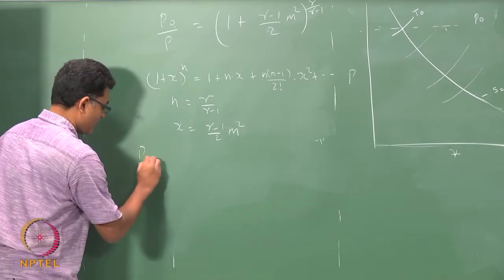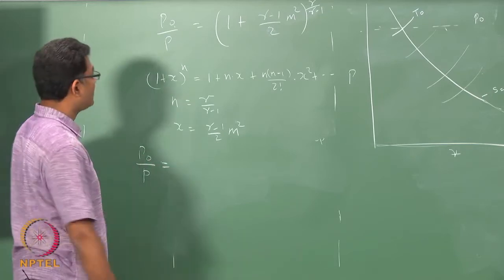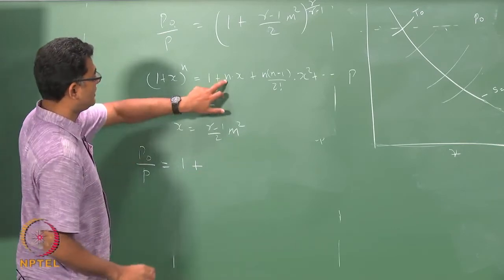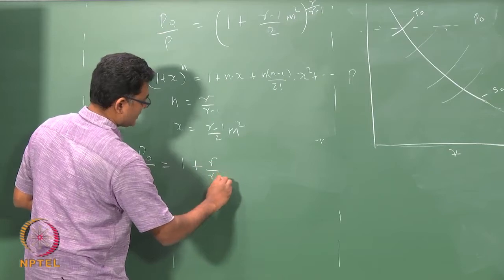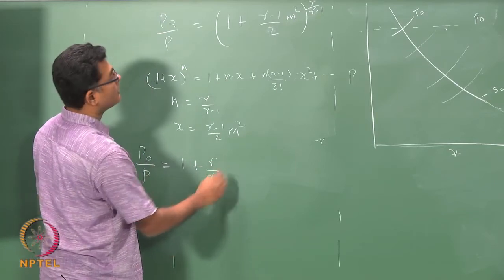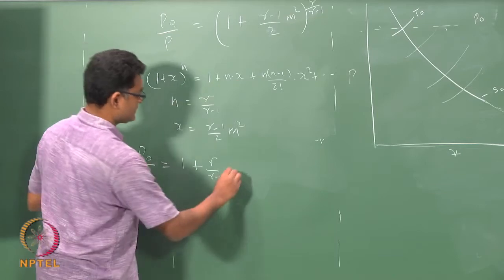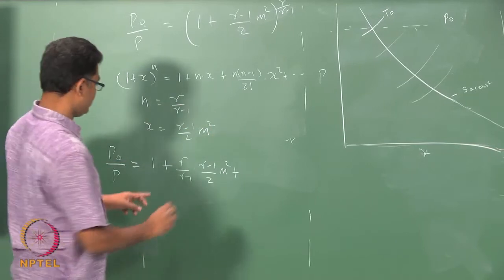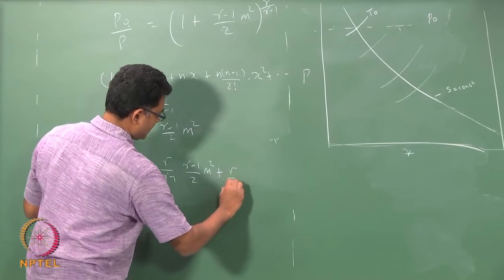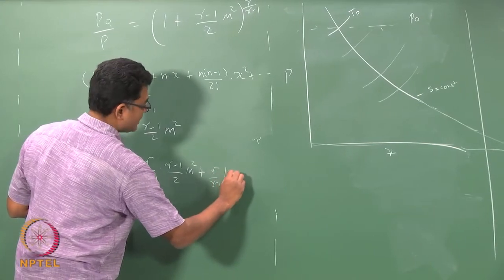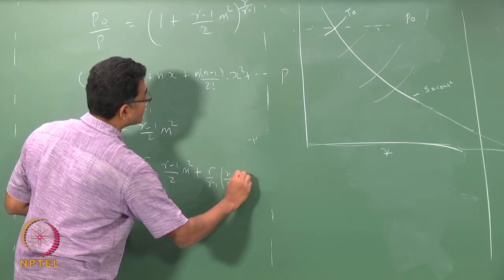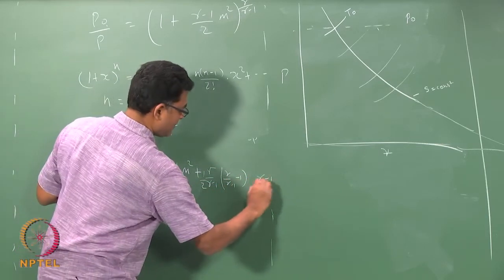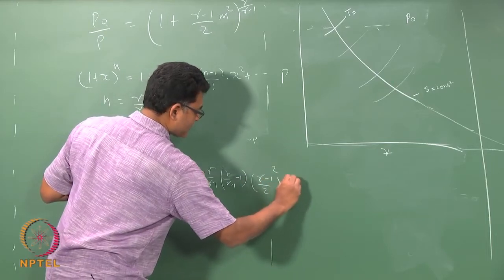So, my P0 by P is 1 plus gamma by gamma minus 1 into x, which is gamma minus 1 by 2 into M square, plus one more term, which is gamma by gamma minus 1 into gamma by gamma minus 1 minus 1 into 1 by 2 into x square, which is gamma minus 1 by 2 the whole square into M square, plus.